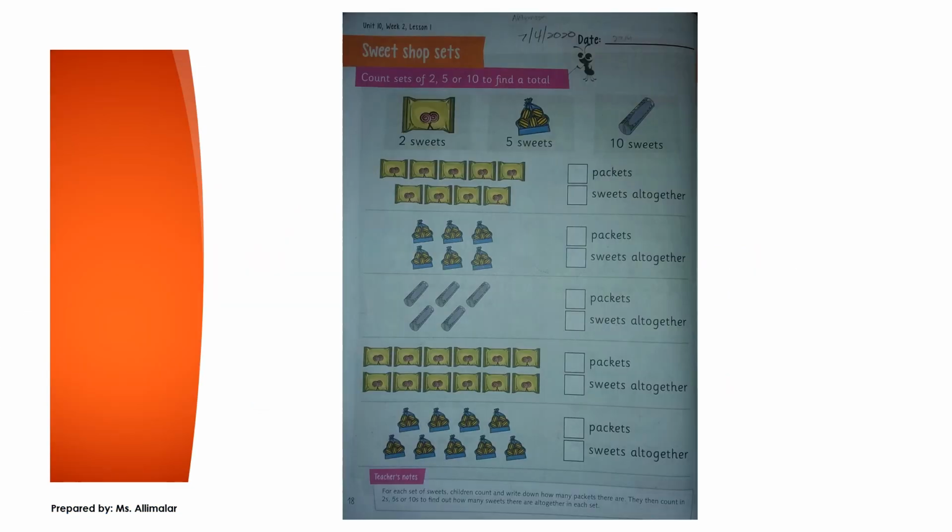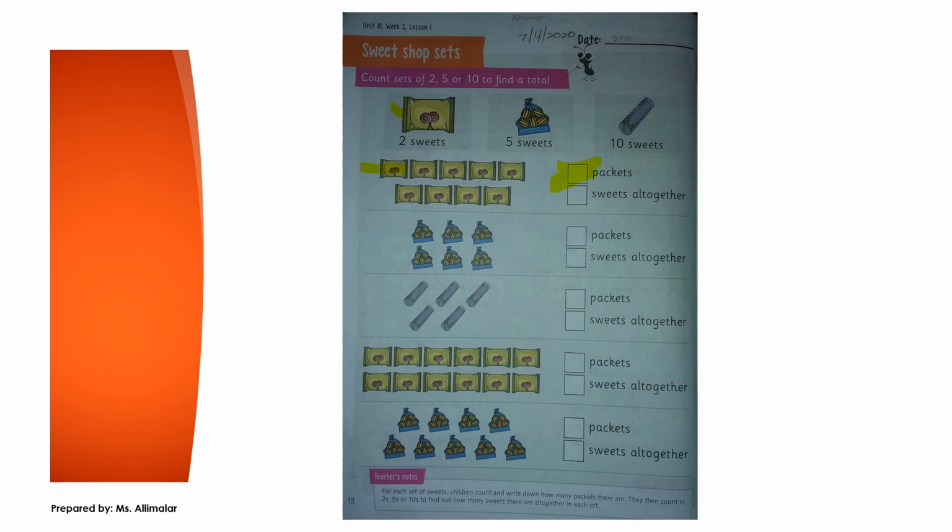So this is the page that I've scanned for you. If you see here, they already mention that the packet of sweets has 2 sweets inside. In this page, for the first question, you have to write how many packets you have.